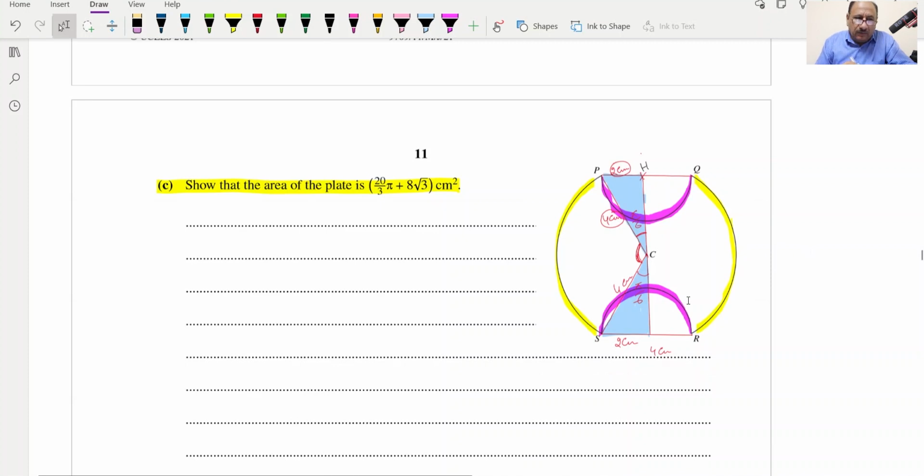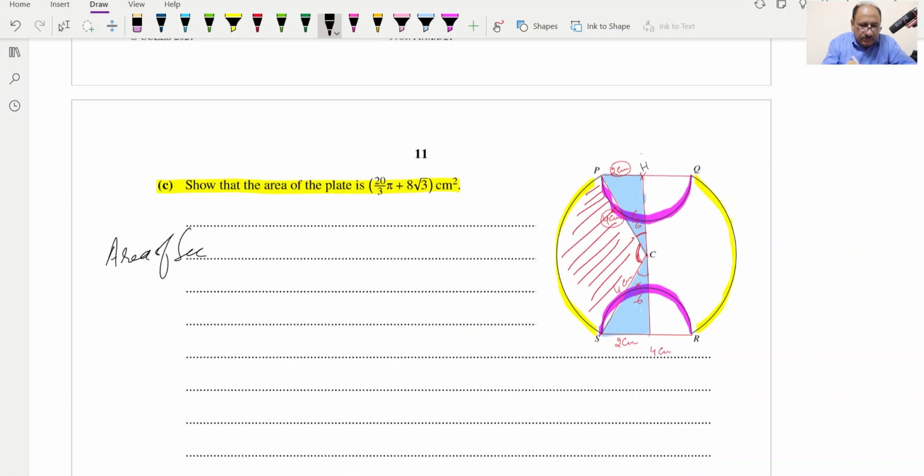So area of PCS, basically PCS area will be which one? PCS area is this area, this one. So we can write here area of sector PCS will be equal to 1 by 2, basically half r square theta.